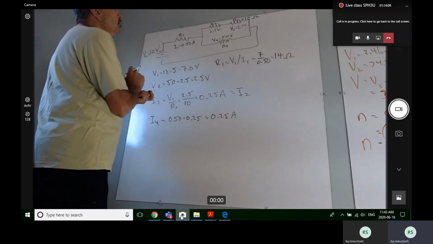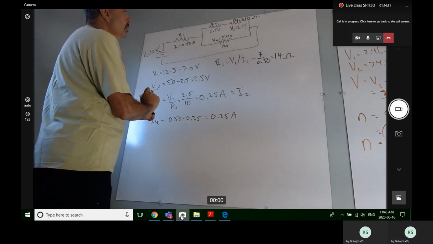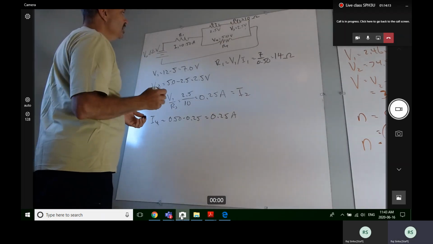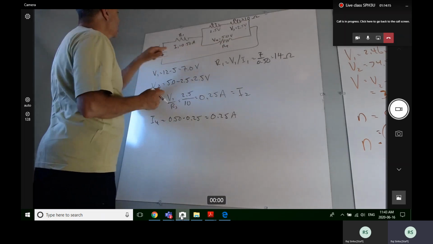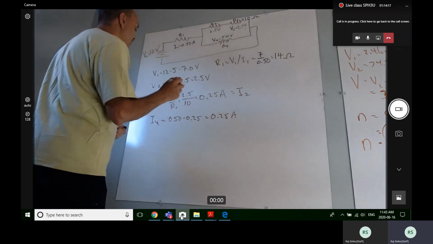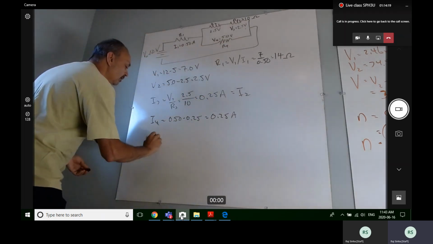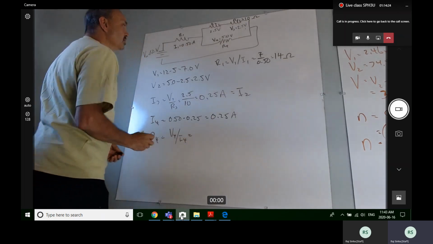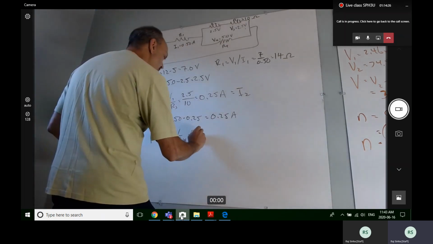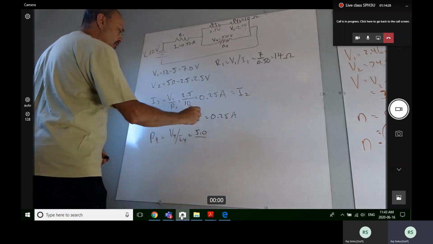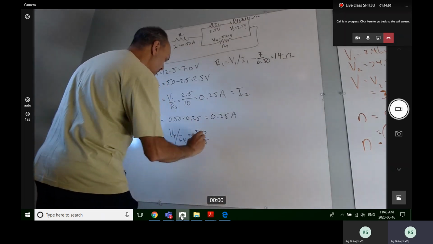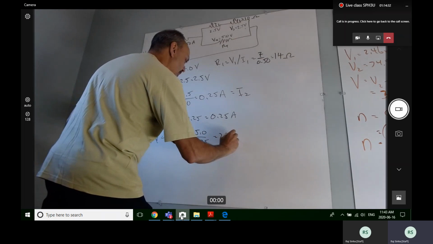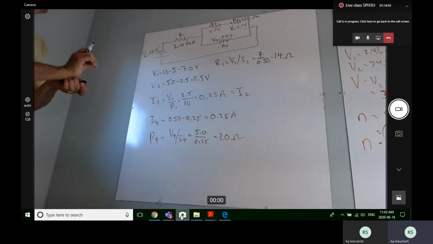So now I'm missing two pieces: I'm missing R4 and R2. I've got I0 already. To find R4, it's going to be V4 over I4, which is 5 volts divided by my current of 0.25, which is 20 ohms.